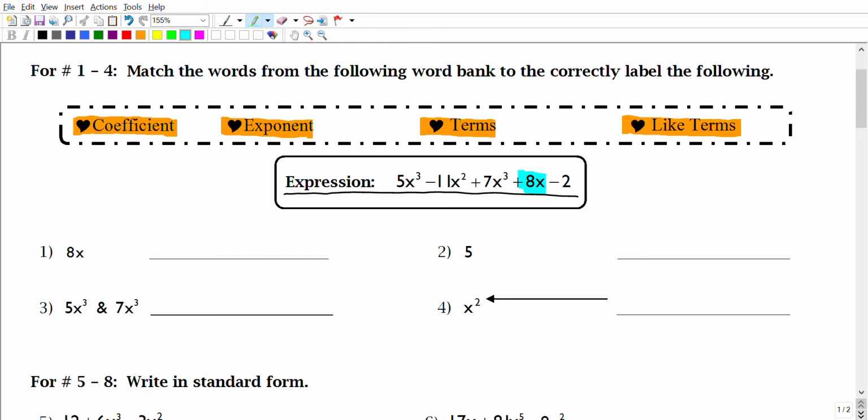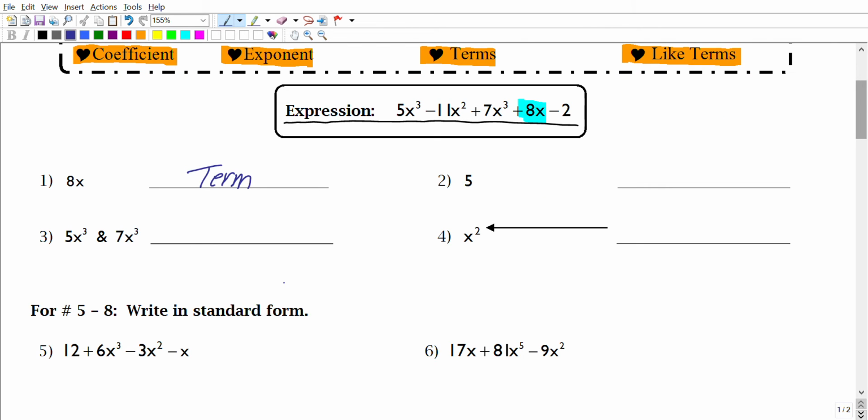As it stands right now, that's just a term. It's not a coefficient, it's not an exponent, and it's not like terms because it's not more than one. It's just one term.